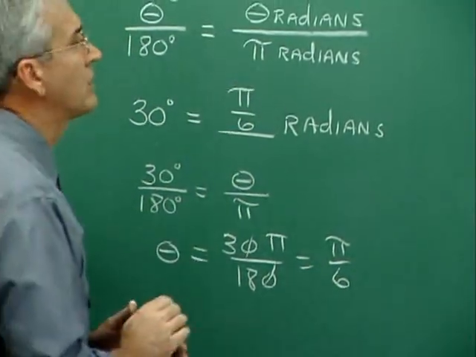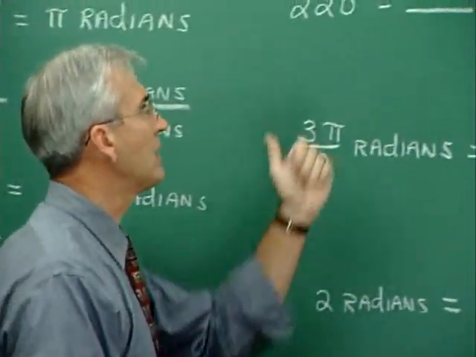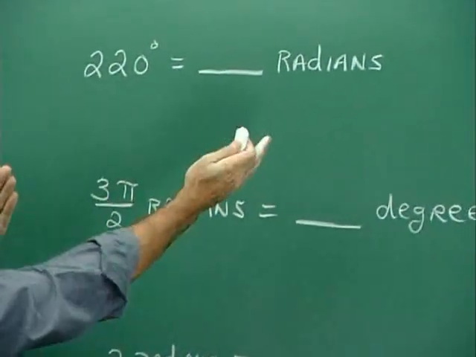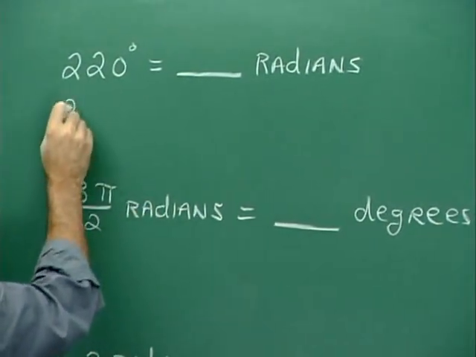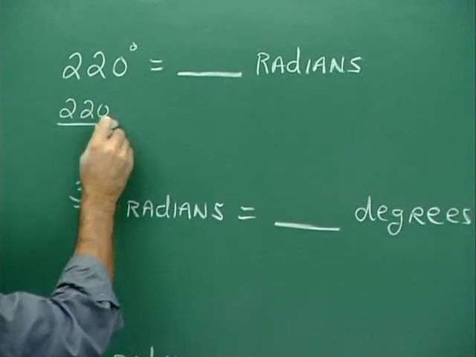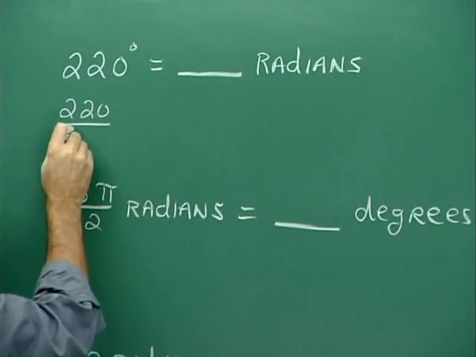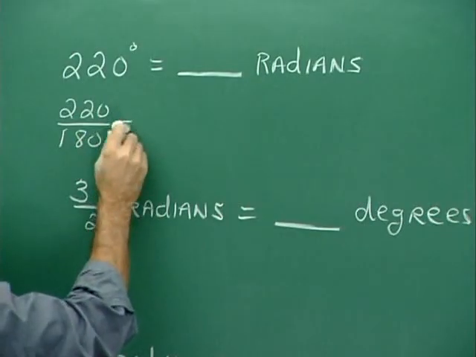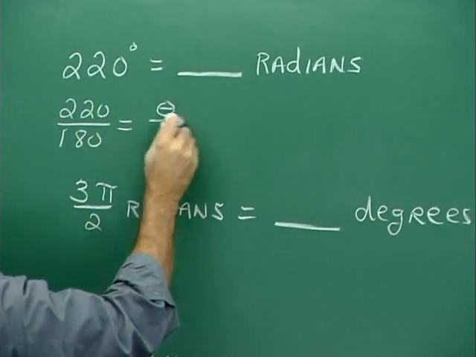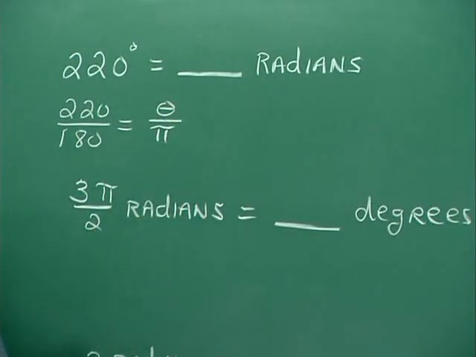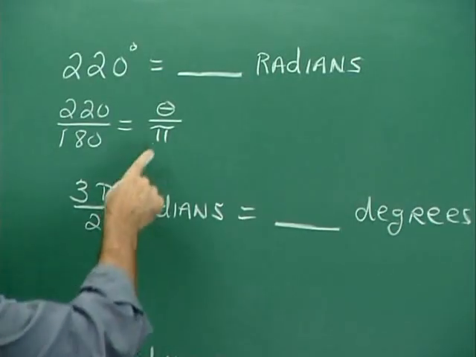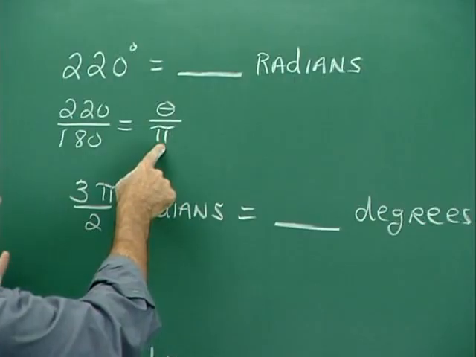Let's go through it another time or two. How about 220 degrees for the number of radians? We want to convert here. So 220 degrees corresponds with 180 degrees in the same way as theta in radians corresponds with pi. And again, we could cross multiply here, but it's much easier just to multiply on both sides by pi.